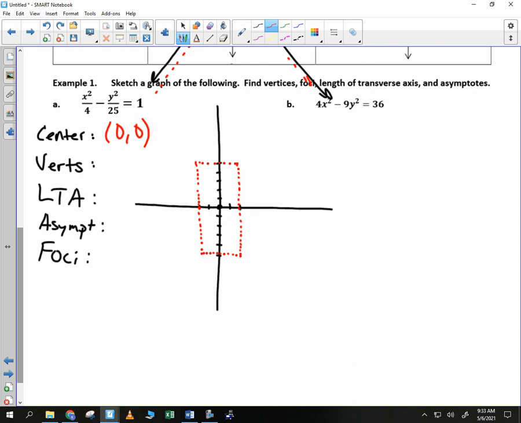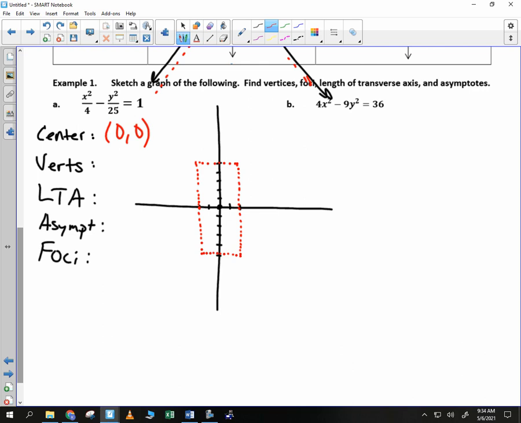Is everyone okay so far? Just make the box. So now what I need to do is determine the vertices. Are the vertices going to sit on the top and bottom or on the left and right? It all depends on what's positive. Is x squared positive or is y squared positive? Because x squared is positive, it's going to sit on the left and the right.